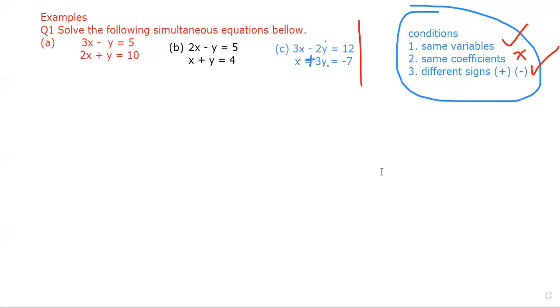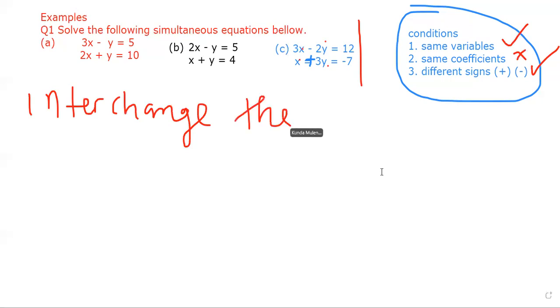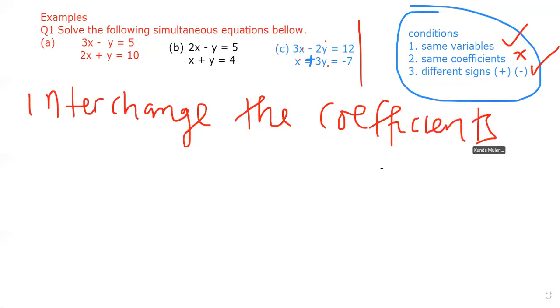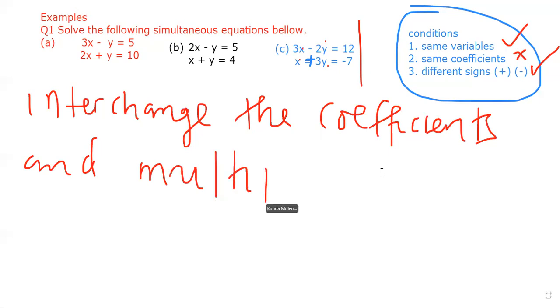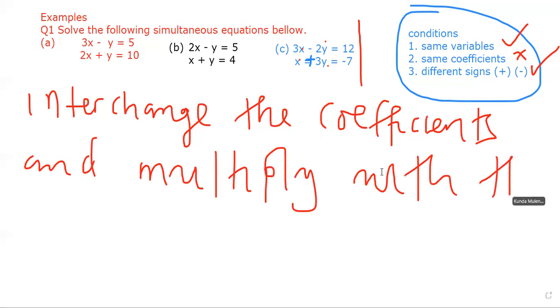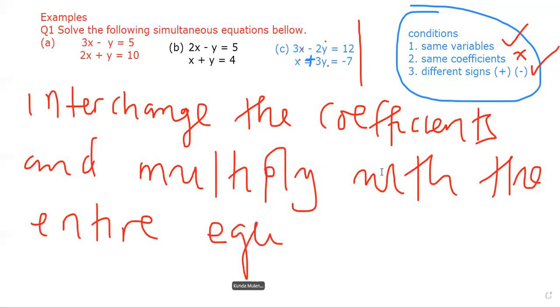So for different coefficients, all you need to do is to swap those coefficients. Interchange the coefficients and then multiply with the entire equations.